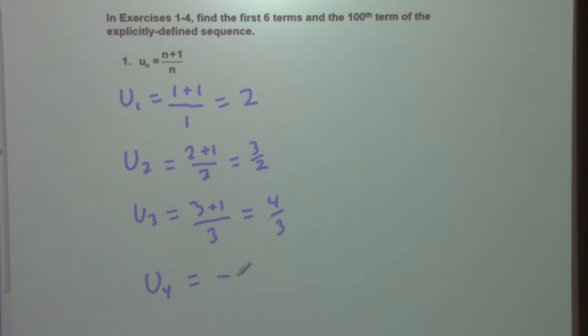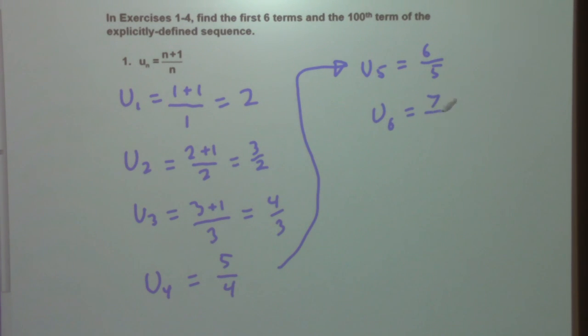So u sub 4 is going to be 5 over 4. Do you see that? And then u sub 5 is going to be 6 over 5. U sub 6 is going to be what? 7 over 6. Because 1 plus n over n.